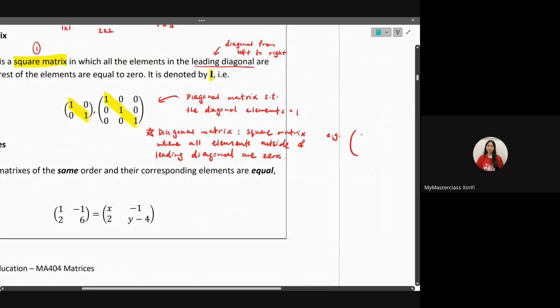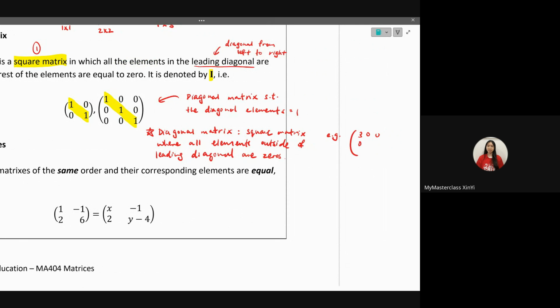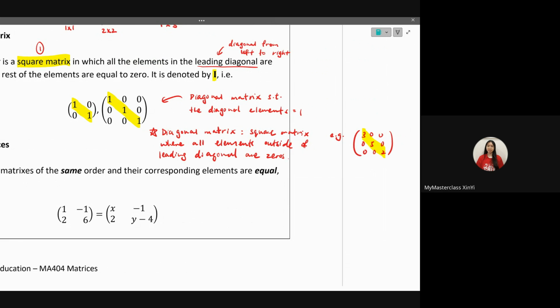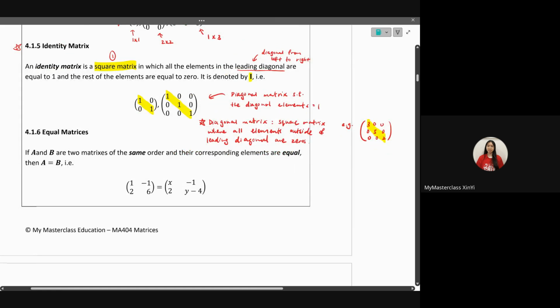Maybe 3, 0, 0, 0, 5, 0, 0, 0, 2. Now you see the diagonal entries are not 0, but the other entries outside of the leading diagonal are 0s. So this is a diagonal matrix. An identity matrix is considered a diagonal matrix.